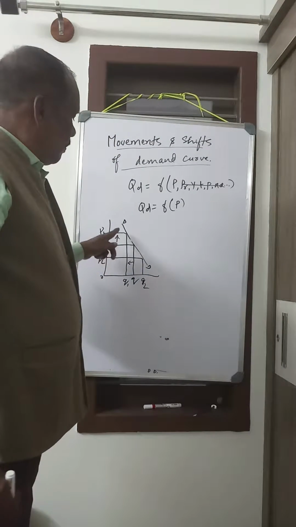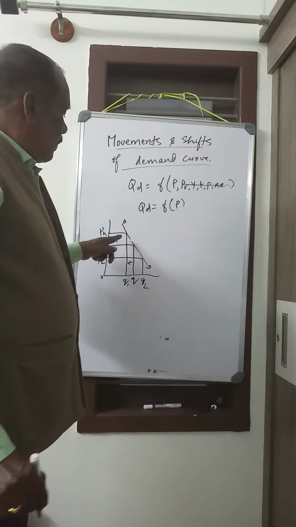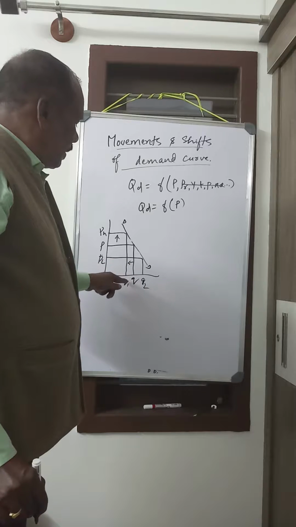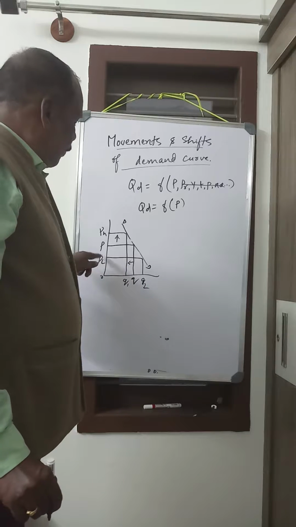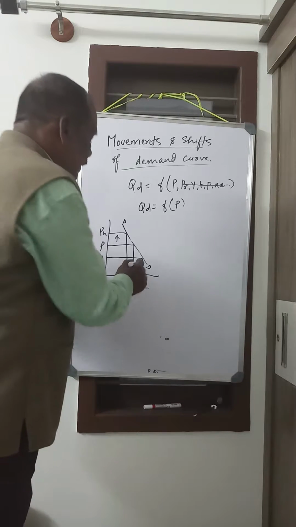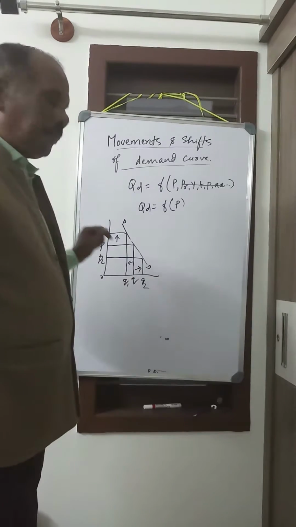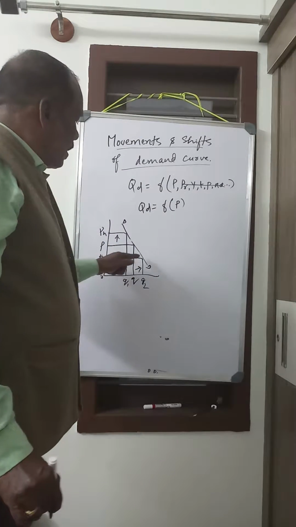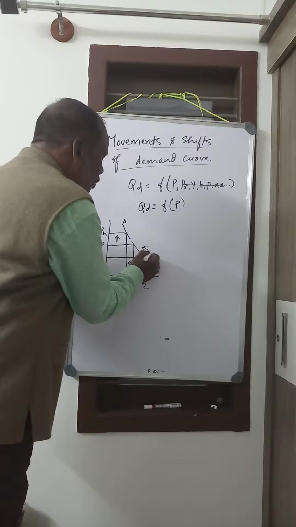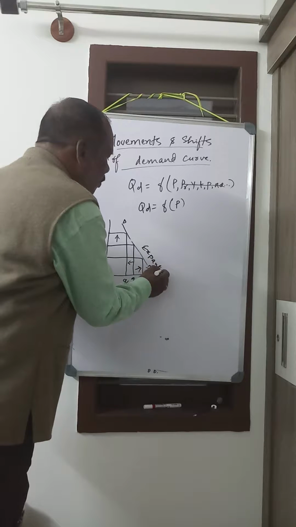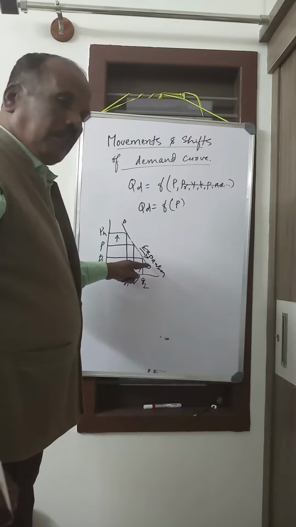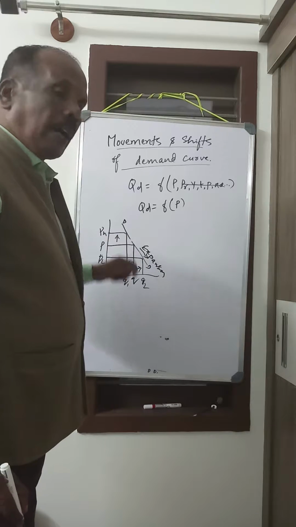See the changes. So when the price rises, the demand falls to Q1 from Q. When the price falls to PL, the quantity demanded increases. When the price falls, the quantity demanded increases, and this is called expansion. Expansion is shown through a downward looking arrow mark.